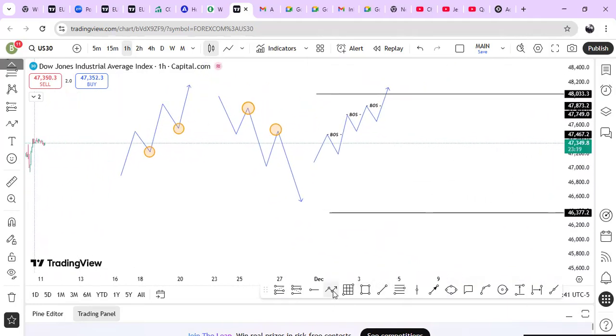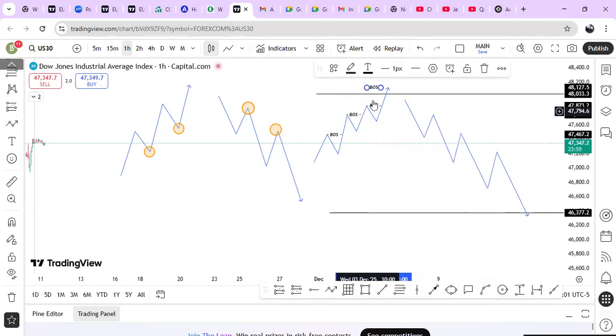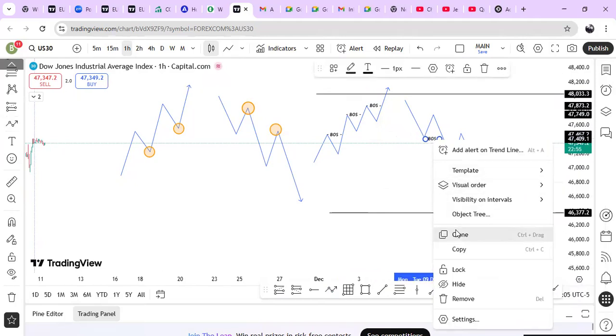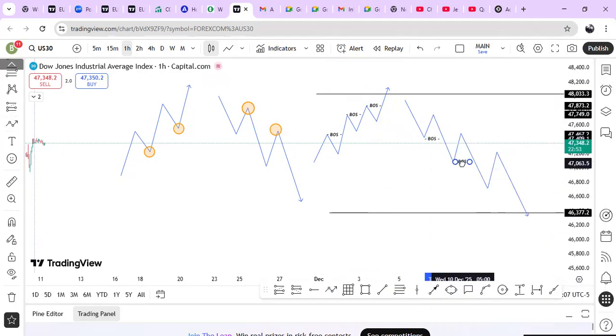Same for the bearish market. You have this impulsive push here, small correction, impulsive push, small correction, impulse, correction, like that. So at the origin of each correction, there was the impulse. Once price closes below, it's called a break of structure.